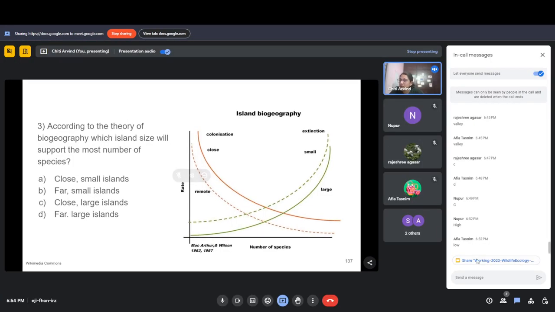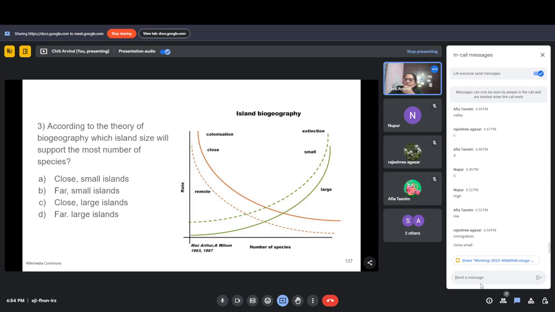Can someone tell me why? Immigration. Okay. Immigration is higher for which one? Close small or large far? Close small, correct.